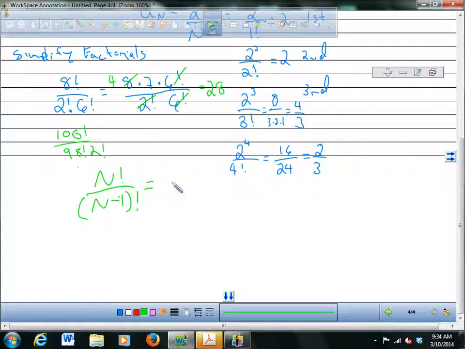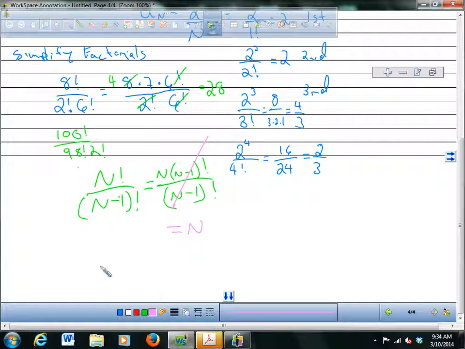This is equal to n times n minus 1 factorial, because if this were 10, this would be 10 times 9 factorial, over n minus 1 factorial. What could I cancel out from the top and the bottom? N minus 1 factorial. So this is just equal to n.